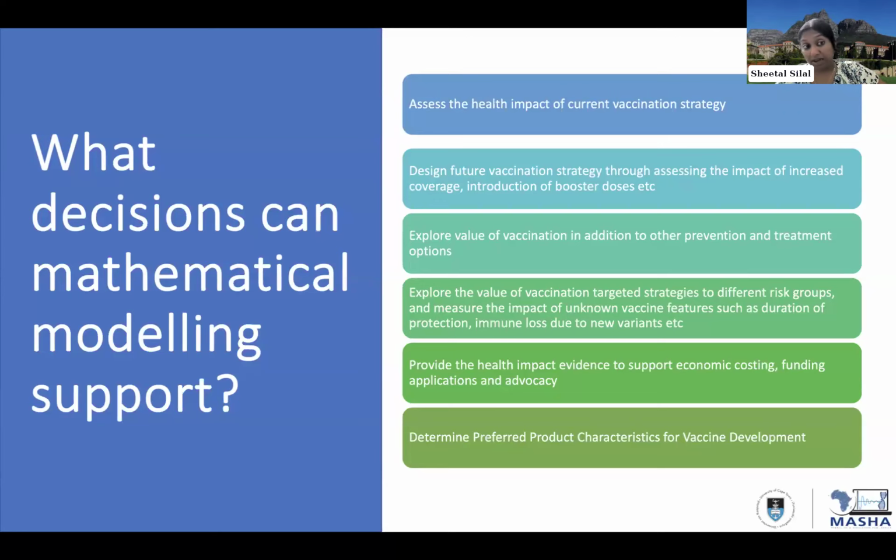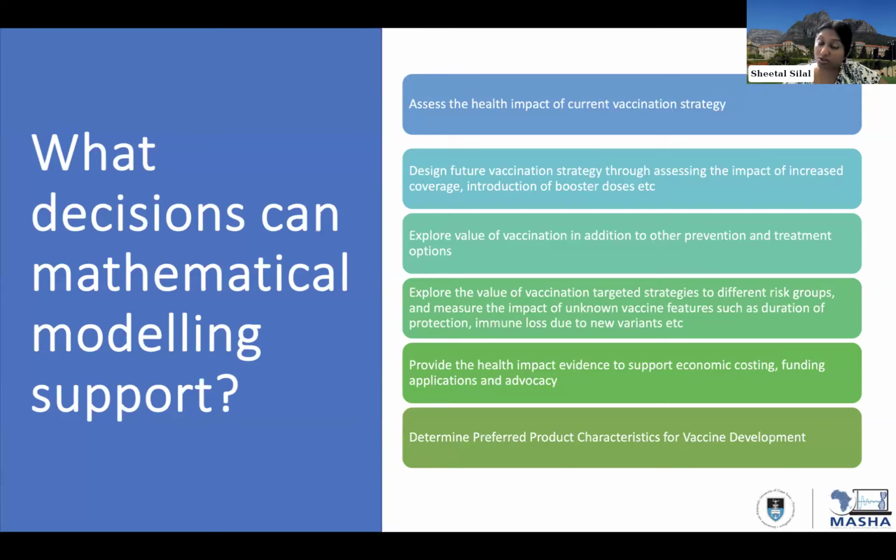And also, where we have vaccines that are hypothetical or they have not been developed yet, we can use modeling to help determine what those preferred product characteristics are to support vaccine developers to create appropriately targeted vaccines to be evaluated through trials.